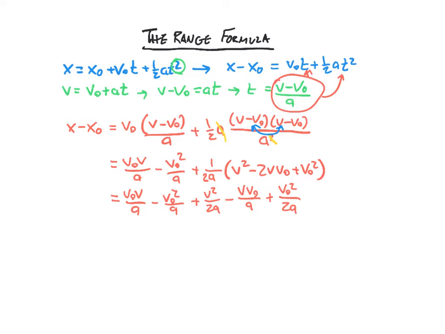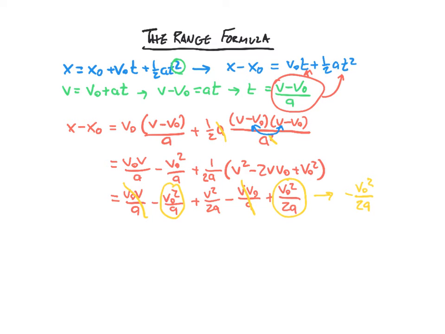Now notice that two terms cancel each other out. And notice we have a minus v0 squared over a and a plus v0 squared over 2a, so those combine to give you a minus v0 squared over 2a.